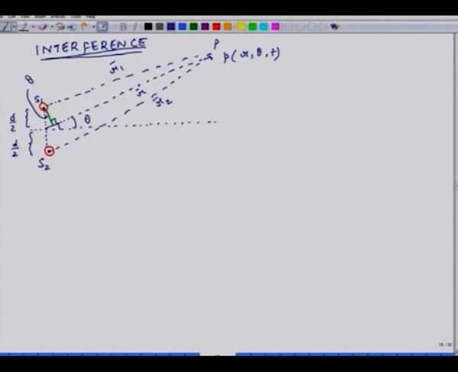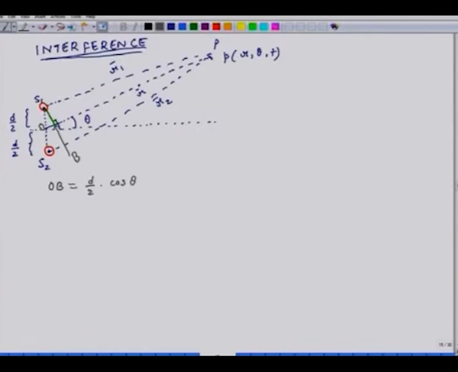This angle is again theta, and if I extend this line, so this is 90 degrees, and from the origin, which is point O, to this point, let us say this point is B, then OB is basically d over 2 times cosine of theta, because the angle between line OS1 and the normal is again theta, and OS1 is the hypotenuse.